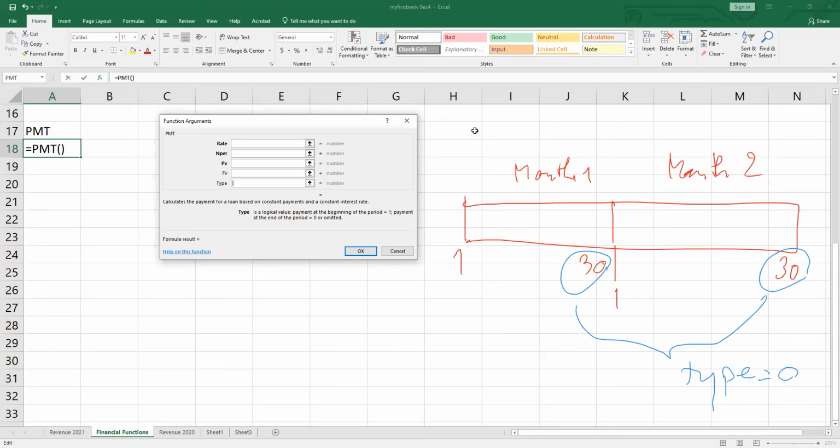Because in the payment, normally you can choose when you would like to pay, at the beginning or at the end of the period. But I can tell you that most of the time, people usually prefer to pay at the end of the period.